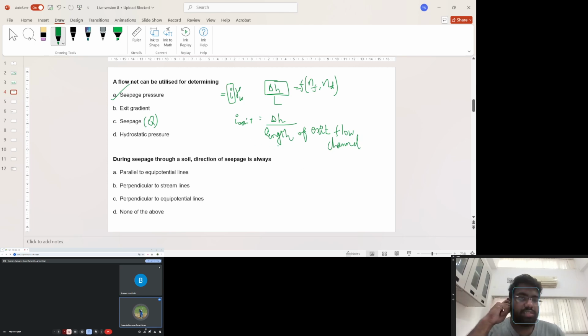That's why this can be obtained only from flow nets. So the flow net will be useful for calculating the exit gradient also. And seepage, since it is a two-dimensional flow, we know the relationship, which is a function of the number of flow channels and the number of equipotential drops. So this is a no-brainer. It comes under one of the applications of the flow net.